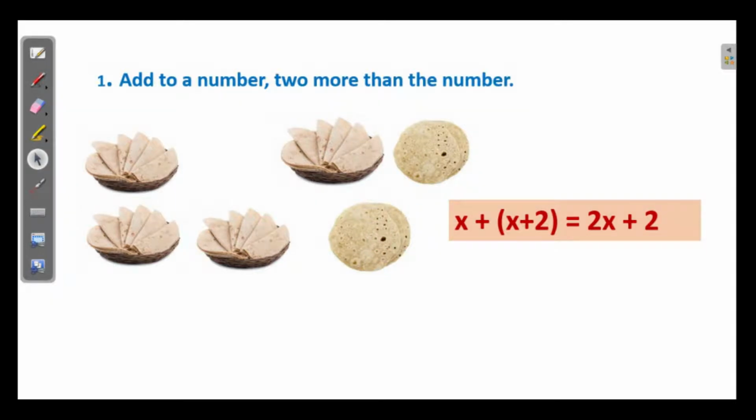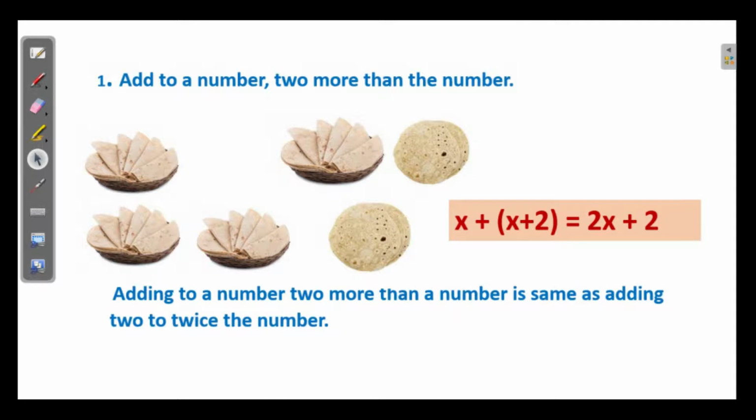That is, in ordinary language we can say that adding to a number 2 more than a number is the same as adding 2 to twice the number. Okay. So let us see the question.